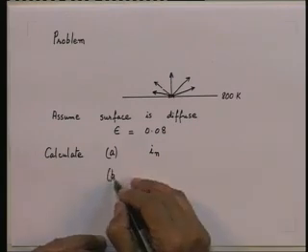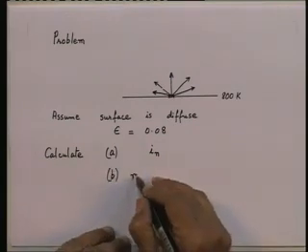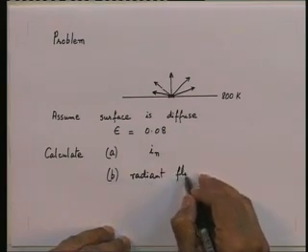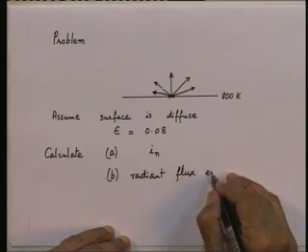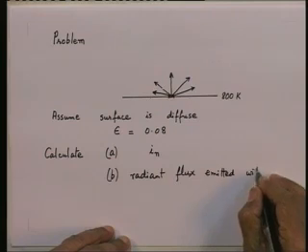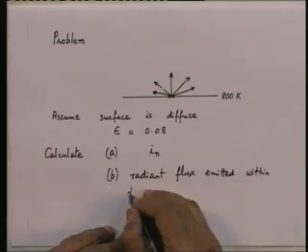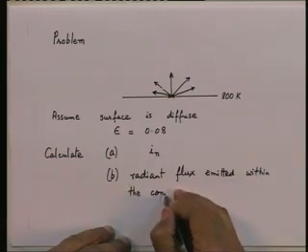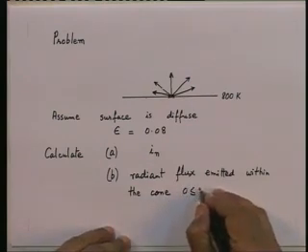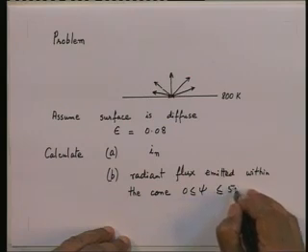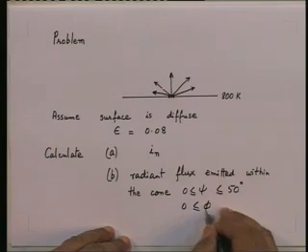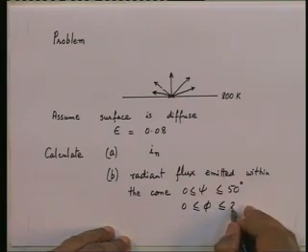Then calculate the radiant flux emitted within the cone 0 less than psi less than 50 degrees, 0 less than phi less than 2 pi.